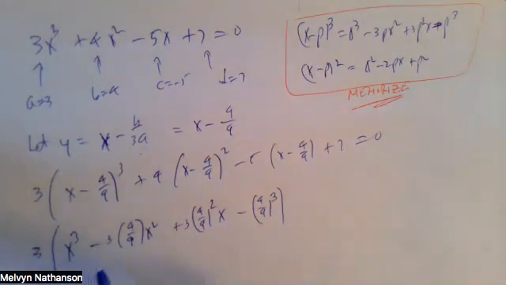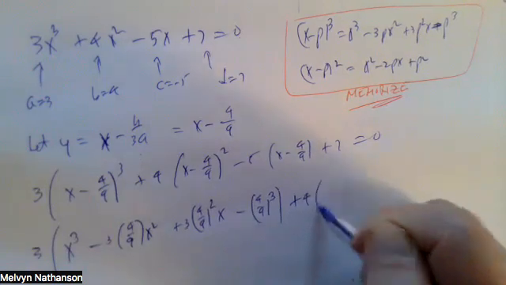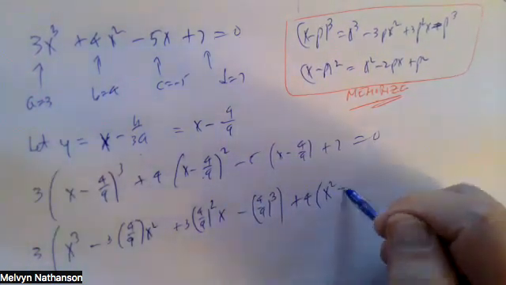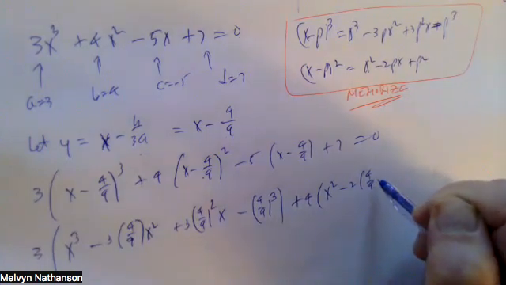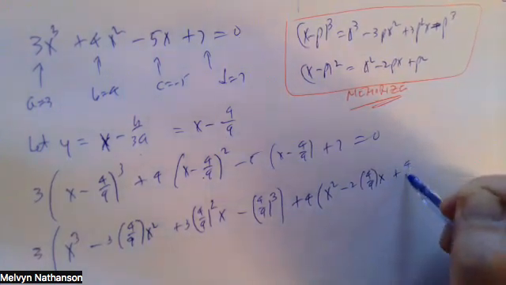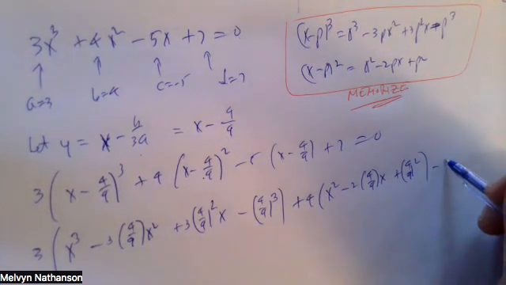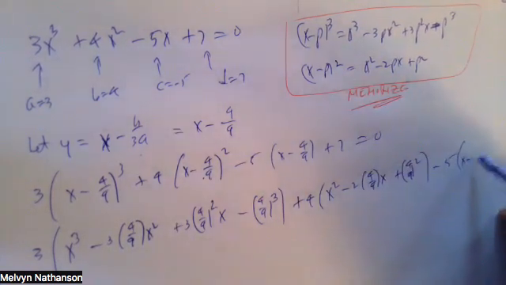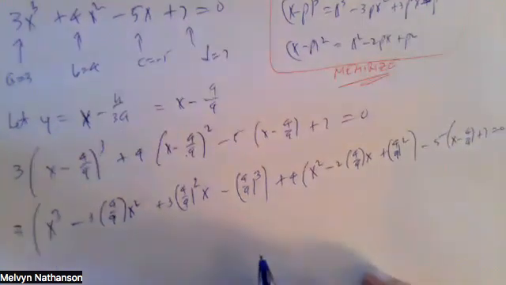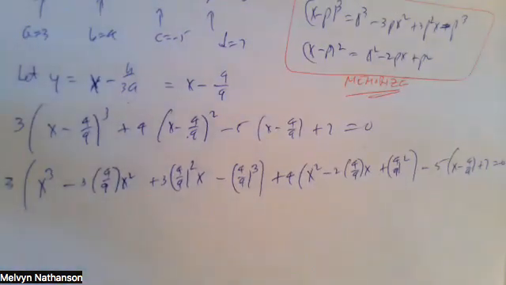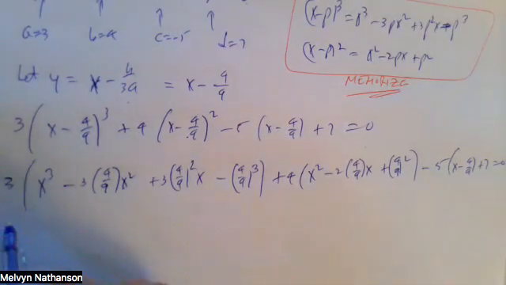So this is x minus 4/9 cubed plus 4 times x minus 4/9 squared, that's x squared, minus 2 times 4/9 x plus 4/9 squared, minus 5 times x minus 4/9 plus 7 equals 0. So if I multiply through by 3, what do I get?